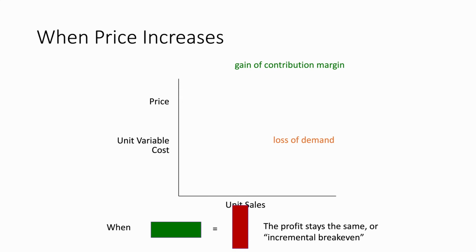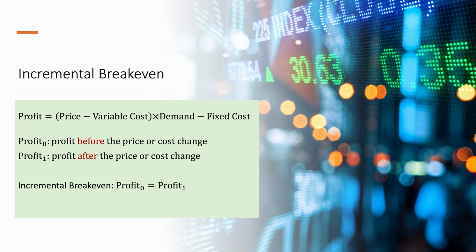Next, we're looking at how exactly we use numbers to analyze an incremental break-even scenario and calculate the demand needed to stay incremental break-even. Here's the formula that we use. Profit equals the price minus the variable cost, times the demand, and then minus the total fixed cost.